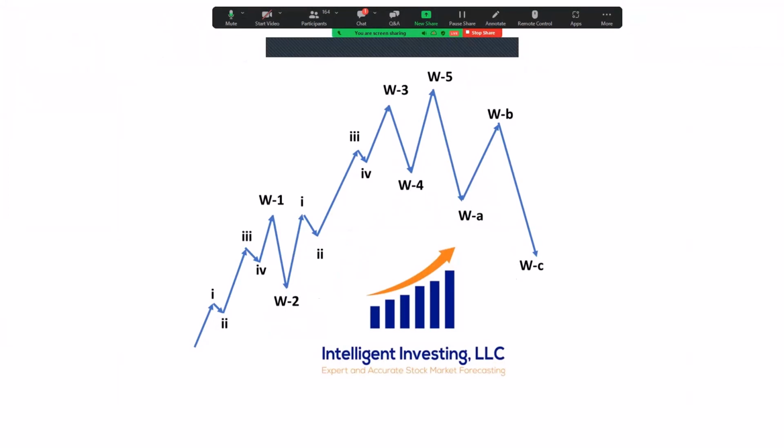The 3s and the 5s subdivide into smaller 5 waves, whereas all the 2s and the 4s are corrective patterns, so they are 3 waves. We can turn this upside down as well. In a bear market, you most of the time have 5 waves lower and 3 waves back up. In the bull market, you have the way I'm showing it, since most people prefer to look from low to high, which is the preferred way to plot a chart.